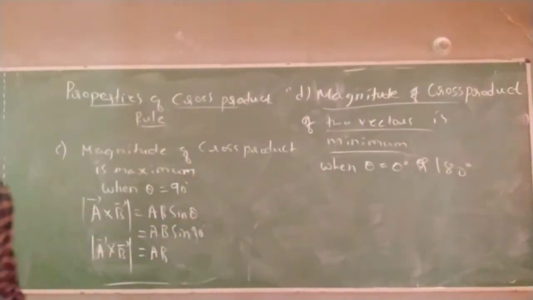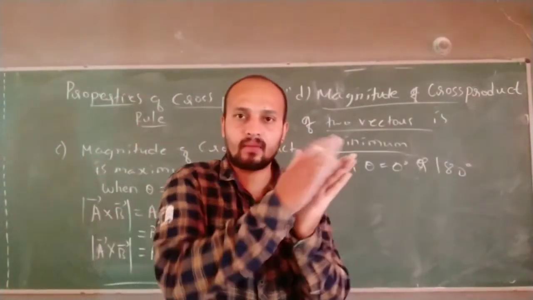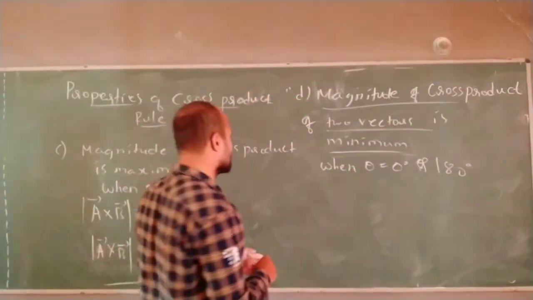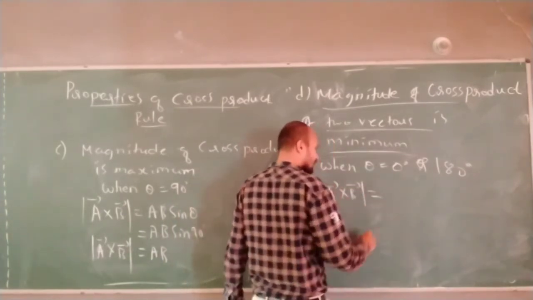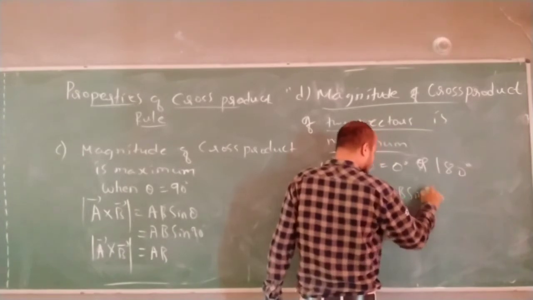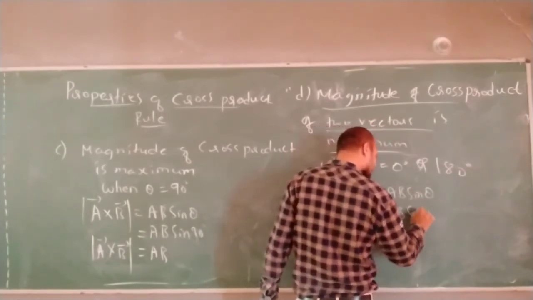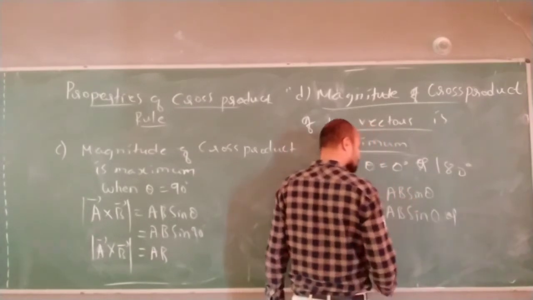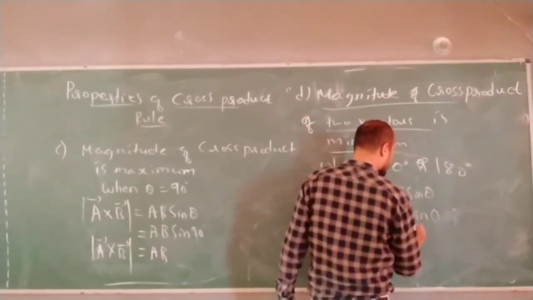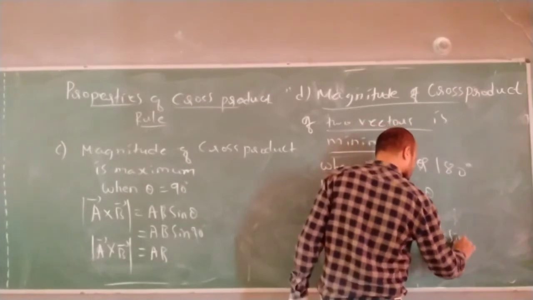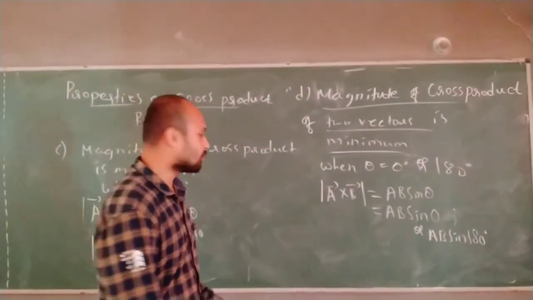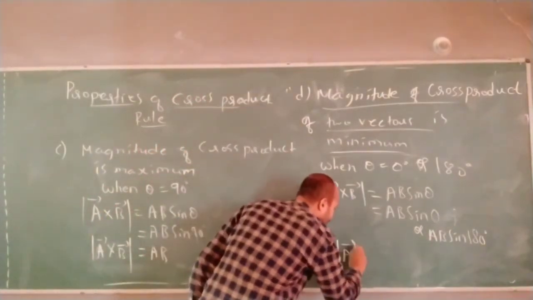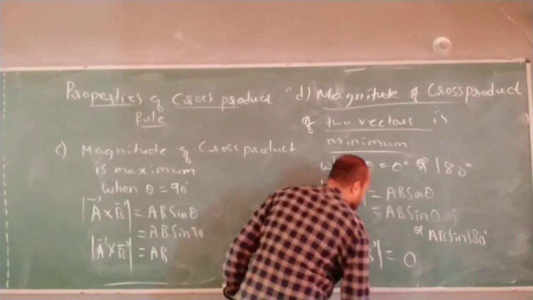When two vectors make 0 degrees or 180 degrees, there is no perpendicular component of one to another, there is no possibility. In this case, the magnitude of A cross B is AB sin theta, which equals AB sin 0 or AB sin 180. For both of them, A cross B will be equal to 0.